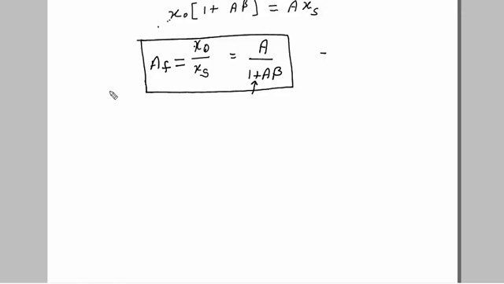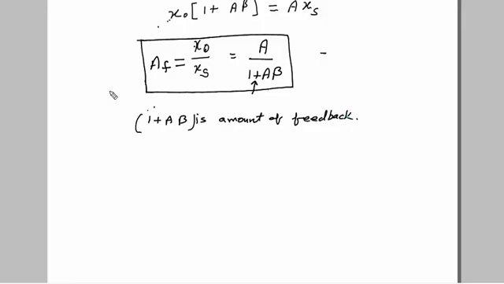We will see this expression many times. 1 plus A beta is a very, very important term here. We call 1 plus A beta the amount of feedback. In due course of time, we will see that all the increment or decrement happens by a factor of 1 plus A beta.